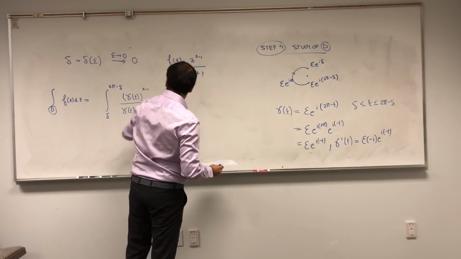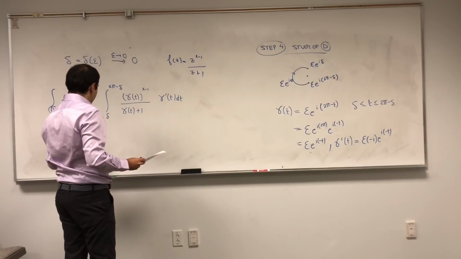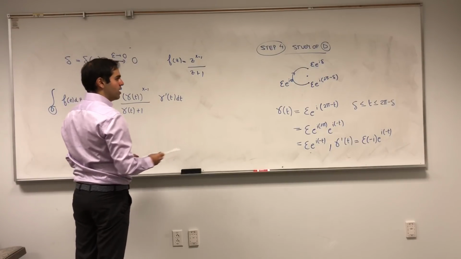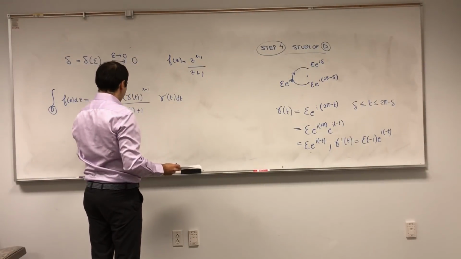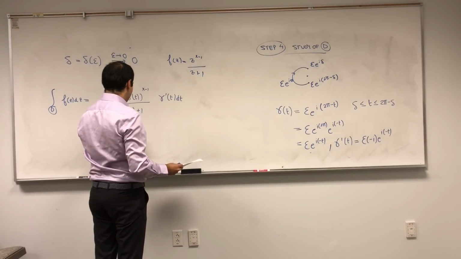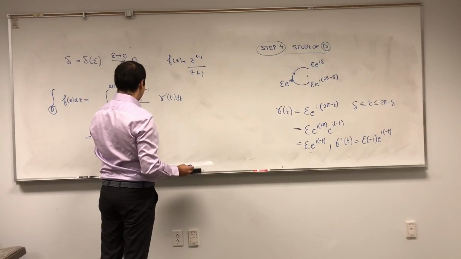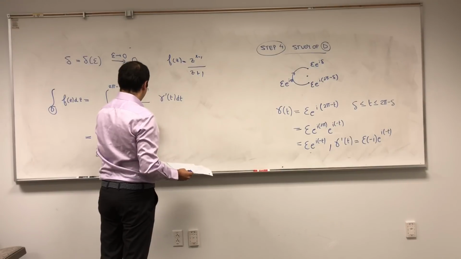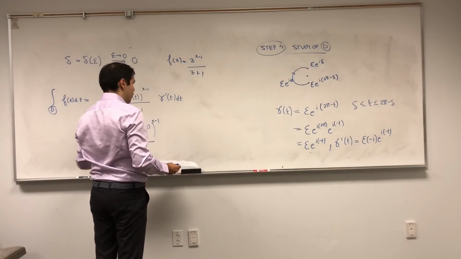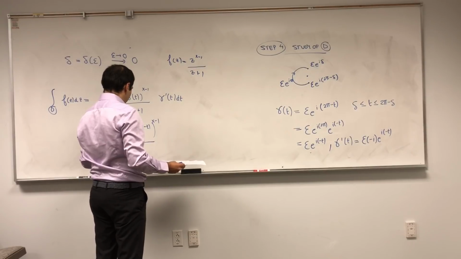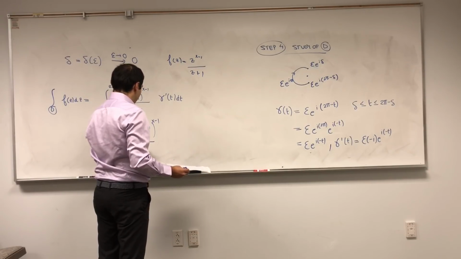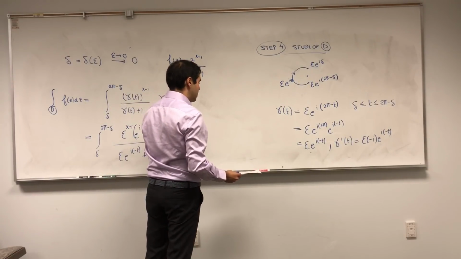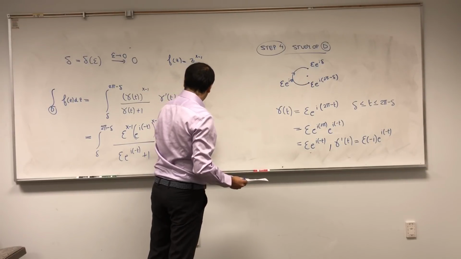Well, that's equal to the integral from delta to 2 pi minus delta of, so gamma is epsilon e to the i of minus t, so epsilon e to the i of minus t to the x minus 1 over epsilon e to the i of minus t plus 1, times the derivative, epsilon times minus i e to the i of minus t, dt.